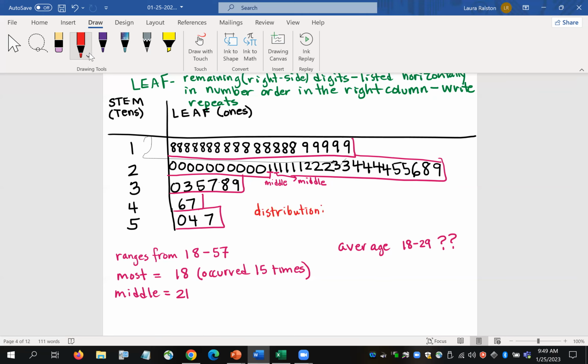And if I think about it, I have a lot of these data values on the low end. And when I have a lot of data values on the low end, if you go back and look, that is skewed to the right. So if I picture this like a horizontal bar graph, then I can begin to think about the distribution as well.